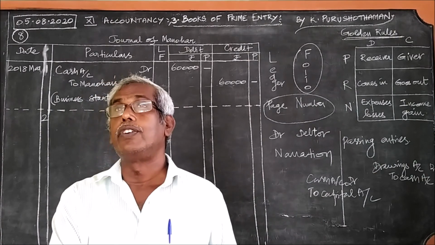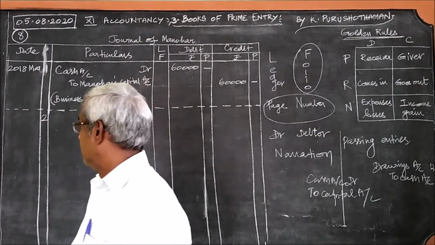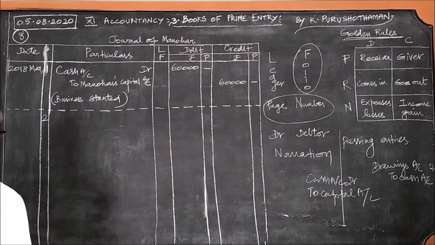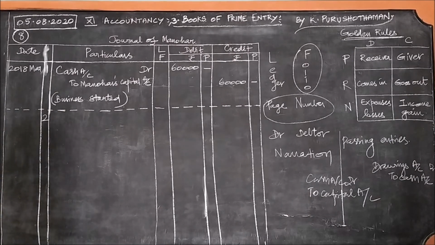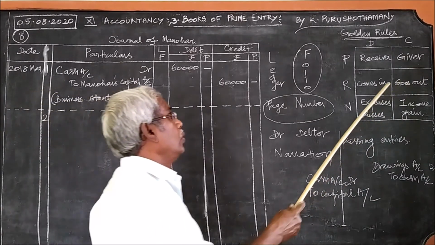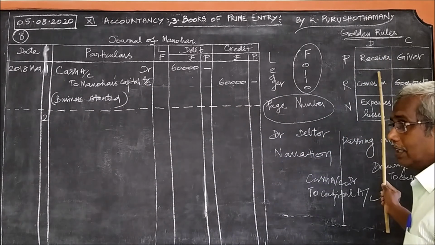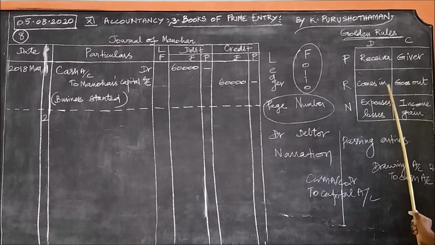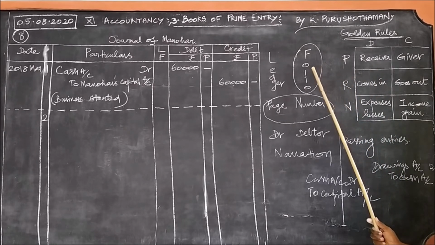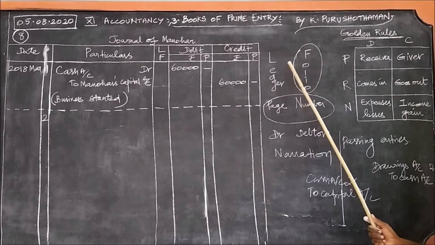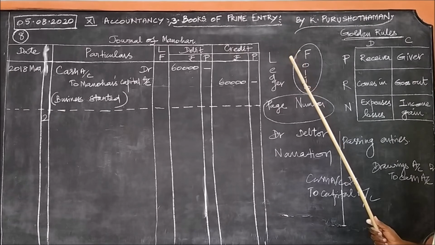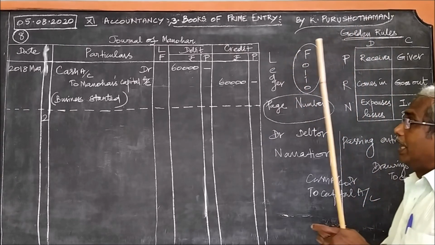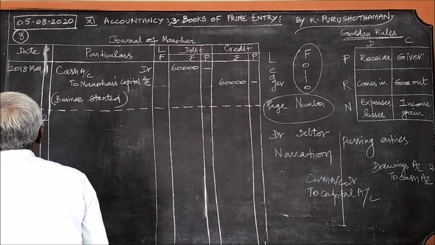And we shall pass on to the second one. Purchased furniture for cash. When you purchase furniture, you check the rules. Receiver, nothing. What comes in? Furniture comes in. Therefore, furniture account debtor.